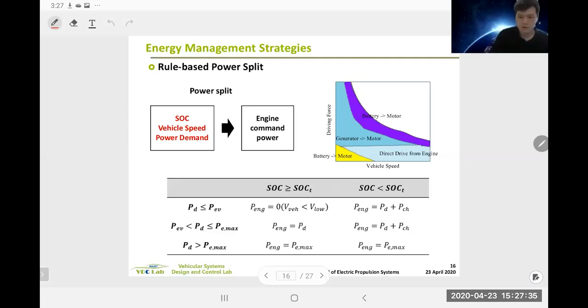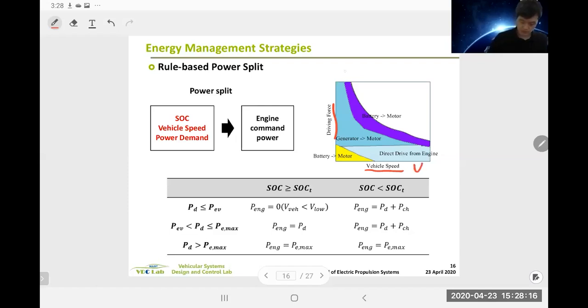Rule-based control is usually designed by a smart engineer, right? With lots of experience, lots of domain knowledge. And the engineer will think how to optimize this with logic, right? For example, vehicle speed and driving force. This is vehicle tractive force, plane.